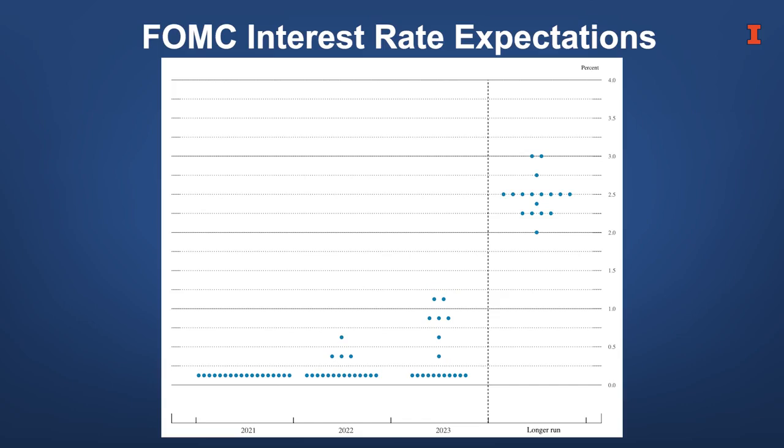In the longer run, participants expect the federal funds rate to be between 2 and 3%. Of course, these forecasts are subject to revisions. However, they provide valuable insights into the FOMC participants' thinking. Forward guidance of this kind allows for more planning certainty for financial markets participants.